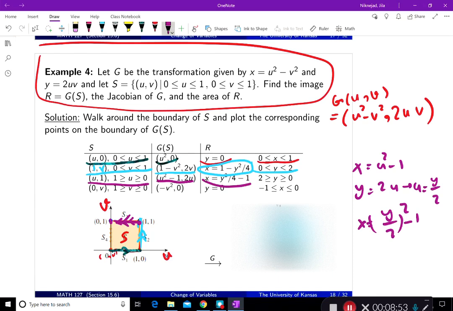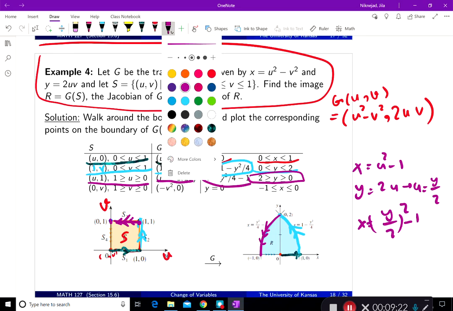Notice that u runs between 0 and 1, so y runs between 0 and 2, and it starts from 2 and runs to 0. If you graph this parabola, it would look like this. Now the last piece. What is going to happen when we're running the last piece down here?